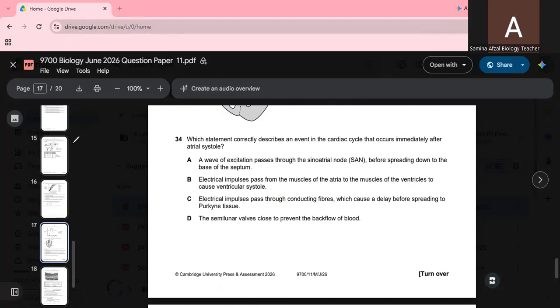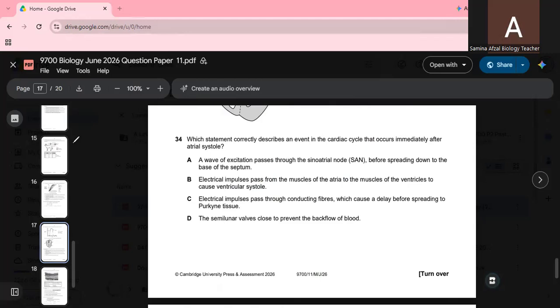So first, the wave of excitation passes through the sinoatrial node before spreading down to the base of the septum. Then second, electrical impulses pass from the muscles of the atria to the muscles of the ventricles to cause ventricular systole. Third, electrical impulses pass through conducting fibers which cause a delay before spreading to the Purkinje tissue. Fourth, the semilunar valves close to prevent the backward flow of blood.